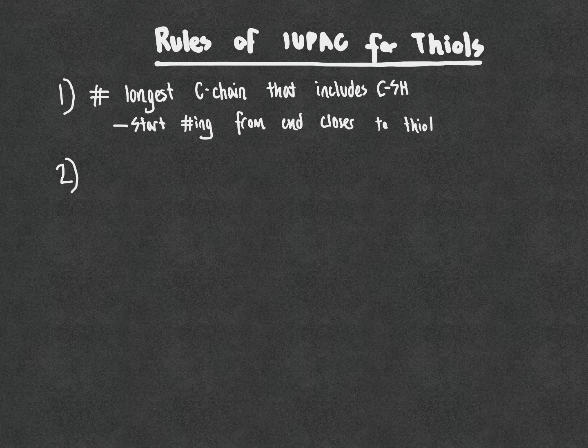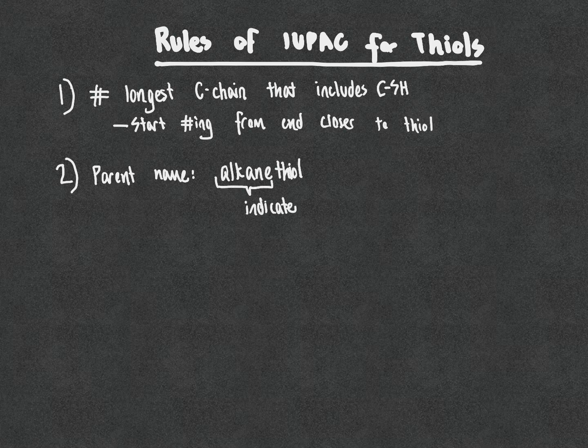So what we will do here is for the parent name, the last part of the name is going to adopt the template alkane thiol, where the alkane part of that name will indicate the number of carbon atoms, that longest carbon chain that we identified in step 1.